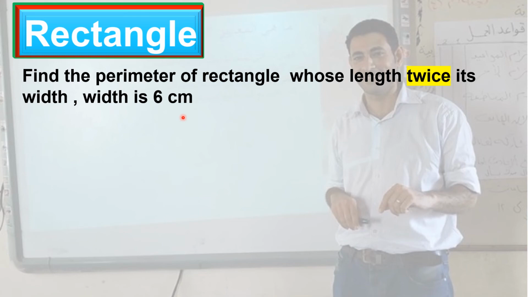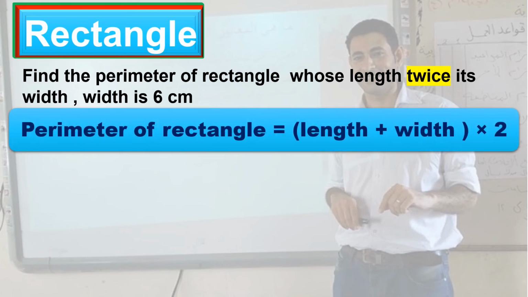Now we will think, if the width of rectangle is 6, then the length is twice of it, so the length will be 6 times 2 equals 12.